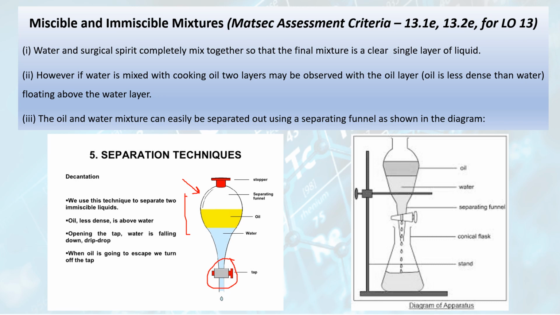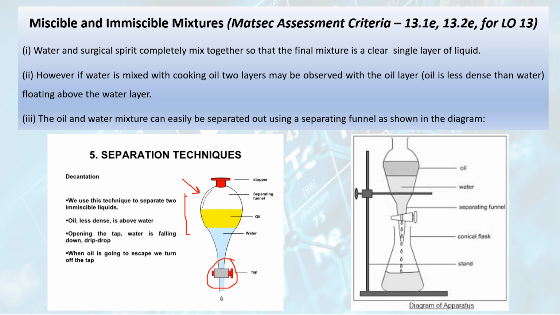All you have to do is to add your mixture to the separating funnel, and as you might expect, of course, the oil floats on top of the water. Then all you do is, where I've circled, you will see that there is a tap. Now you open the tap and carefully drain off the water at the bottom.